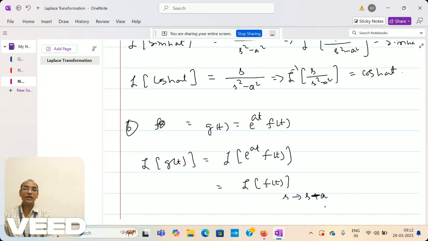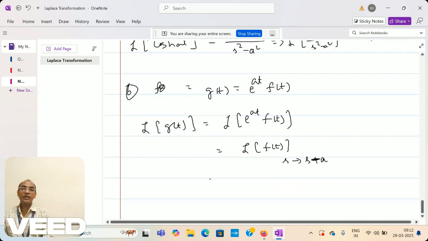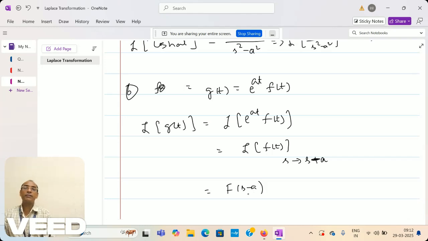If it is e to the power plus at, you write s minus a. If it is e to the power minus at, you replace it by s plus a. That will be nothing but f of s minus a. So in place of s, you will have s minus a.